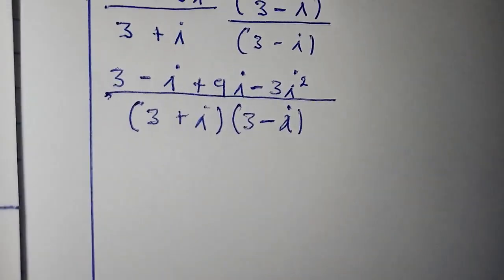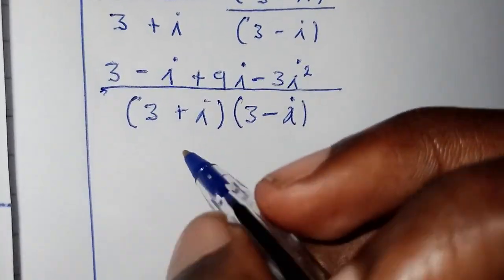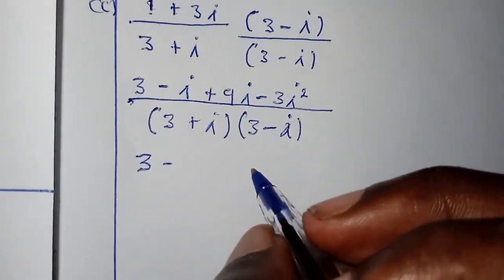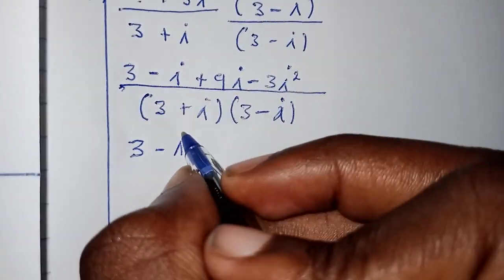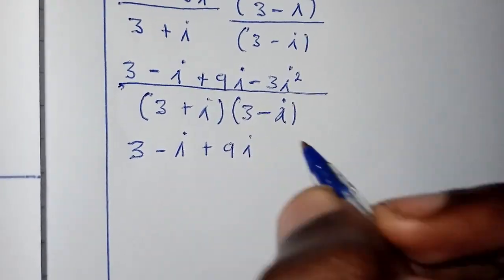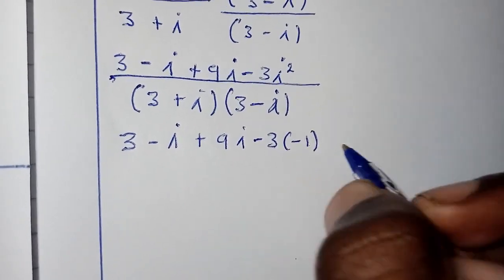Okay, so this is very clear and interesting. From here, this is just the same as 3 minus i plus 9i minus 3 times negative 1 here.